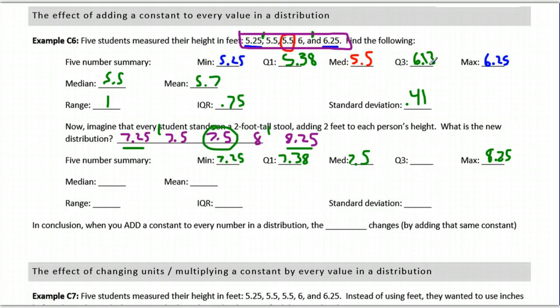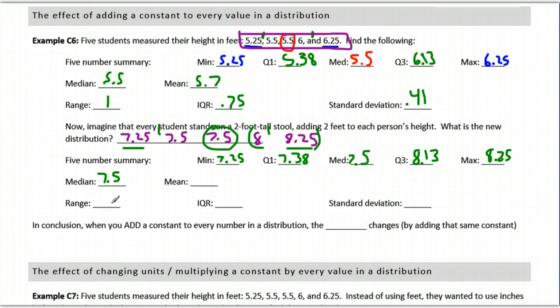For our third quartile, we need to take this 8 right here and add it to this 8.25, which is 16.25, divide that by 2, and we'll get 8.13 when we round that off. If you need your calculator to do that, that's absolutely fine. The median, we already know, is 7.5.